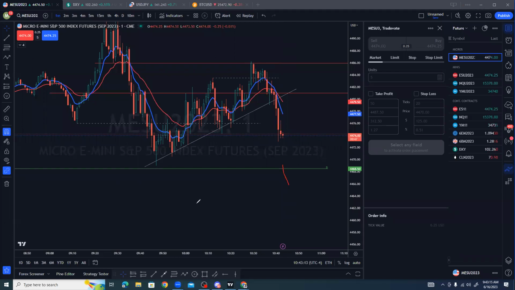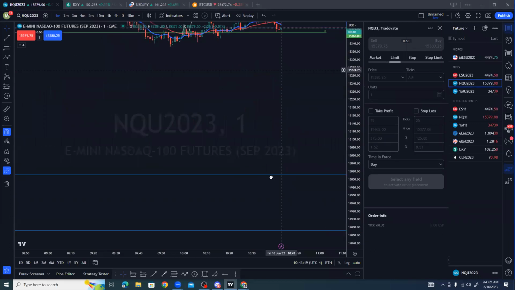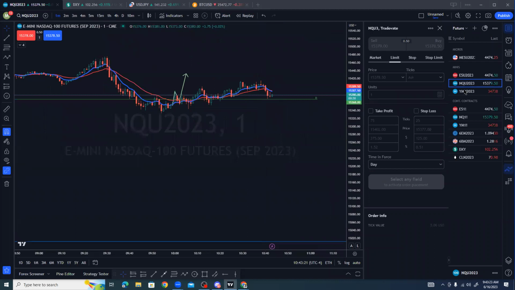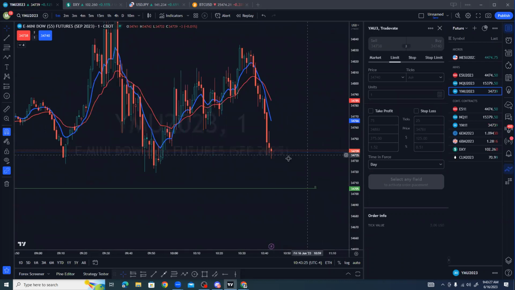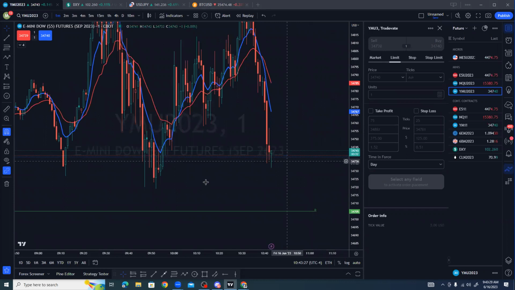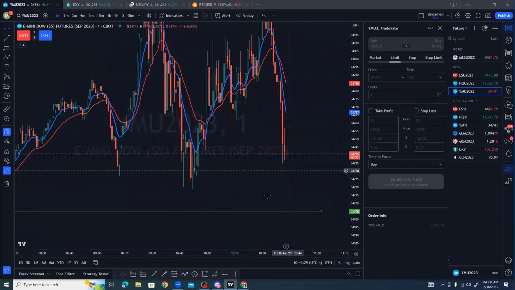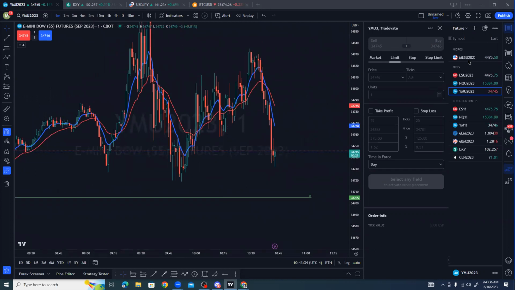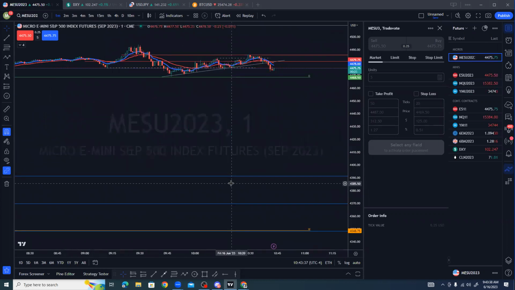We've already done that on the NQ, I do believe, or we're right at it. We've touched it. What about the Dow? Ooh, look at that push down. Whew. Dow trying to make lows. I can see that.